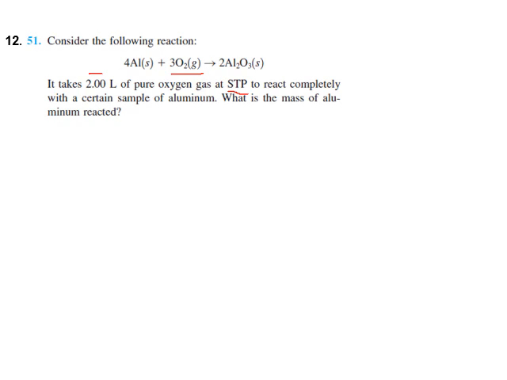It is mentioned here: 2 liters of pure O2 gas at STP. Those things will allow us to find the number of moles of O2, not of the aluminum, but they're asking for the aluminum indirectly. So first we find the number of moles of O2 using the ideal gas law.